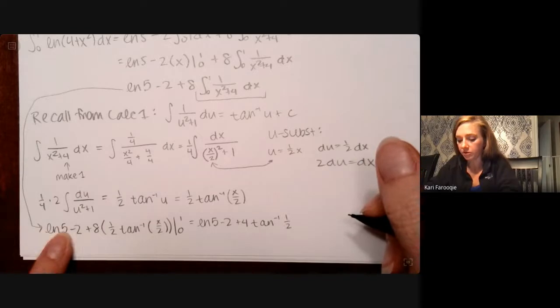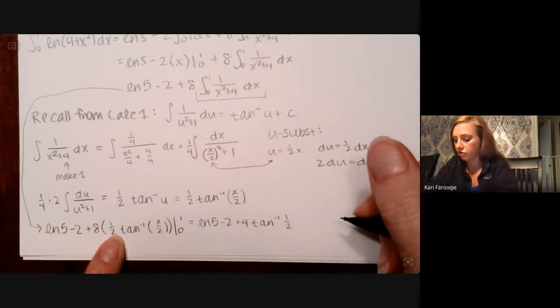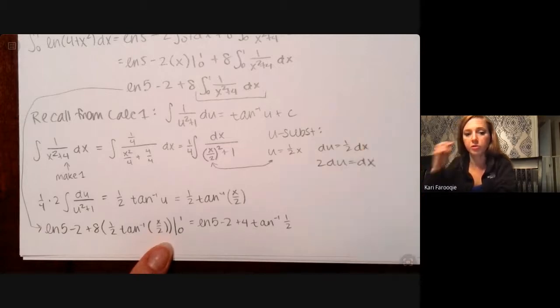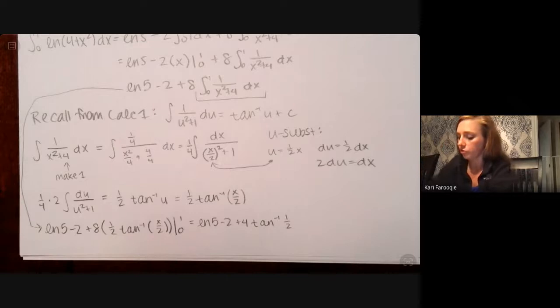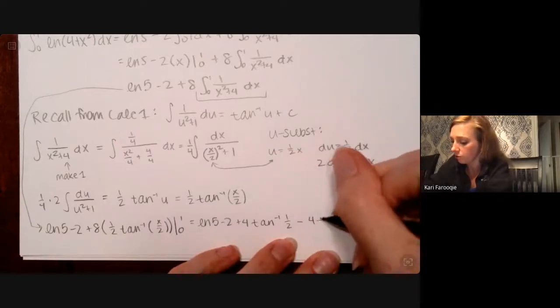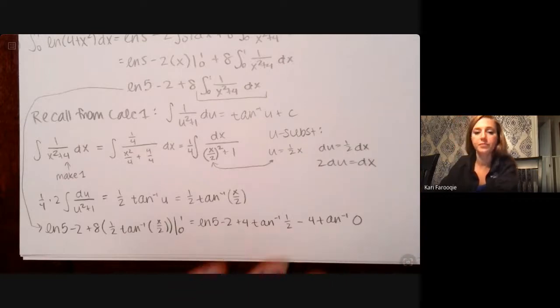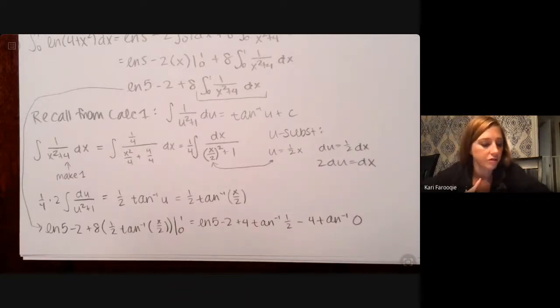This is going to be the same no matter what. The only thing that's changing now is we're using the FTC to turn this into 2 terms. So the first one will be 4 times the inverse tangent of 1 over 2, and then we'll subtract off 4 times the inverse tangent of 0. The inverse tangent of 0 is 0 because the tangent of 0 is 0.